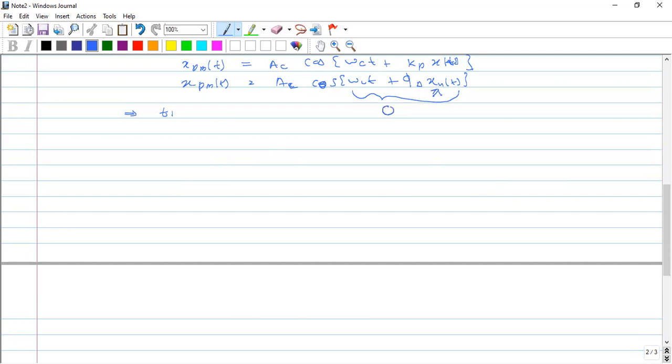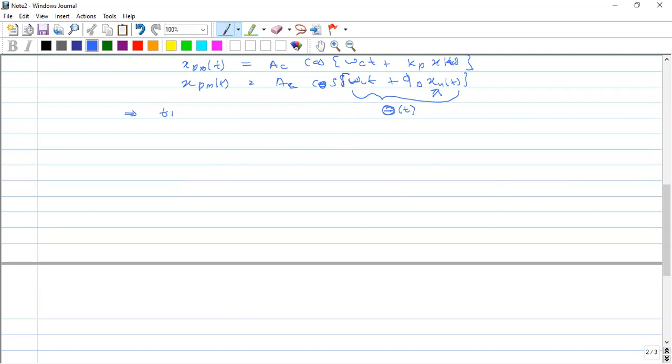Let's say it is theta. You can see that this angle theta is varying with time, so it is a function of time.